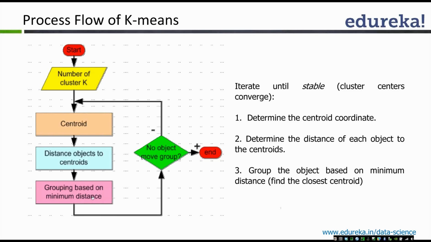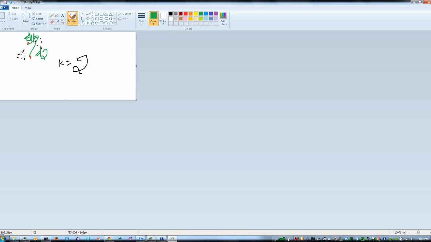And that's exactly what's done here. You're grouping these data points based on the minimum distance. You do that for this one black point, and you do the same thing for all the other black points. You're computing the distance between your data points and your cluster centers, and then assigning each to the cluster center which has the smallest distance.